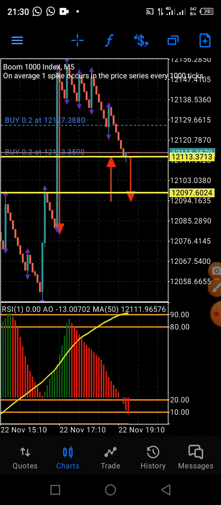So make sure that you master the in between. So this was M5 in between. M15 has got in between. Also the 1 hour time frame has got in between. So you can just master that even in 1 minute. Okay.